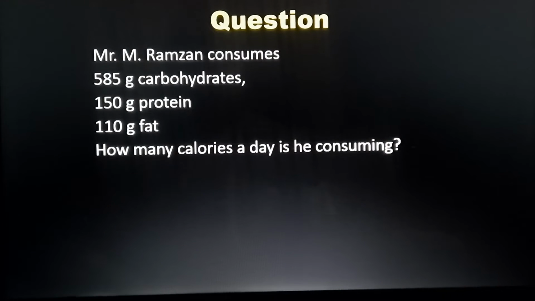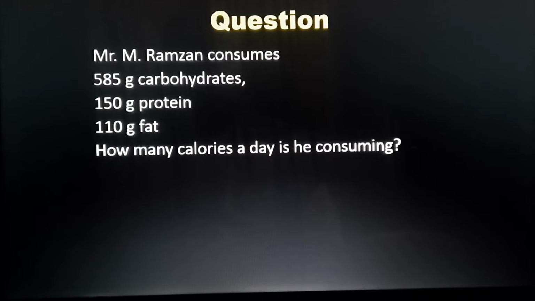So there is a short question: there is a person, Mr. Ramzan, a supposed name, who uses 585 grams of carbohydrates per day, 150 grams of proteins per day, and 110 grams of fat per day. So how many calories a day is he consuming?